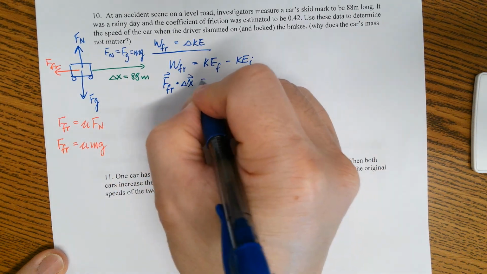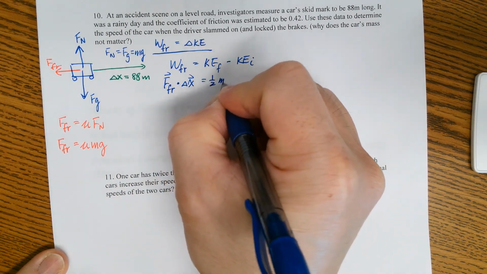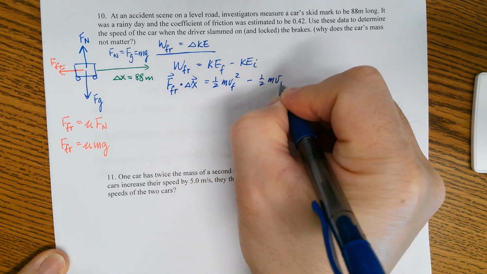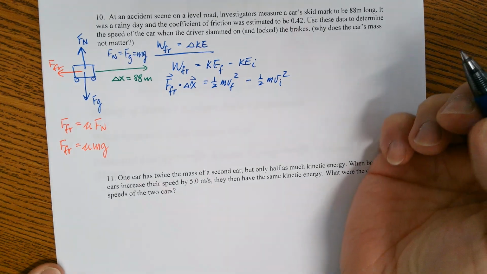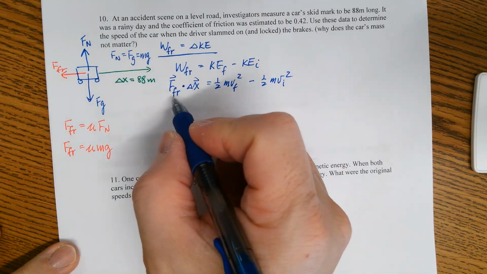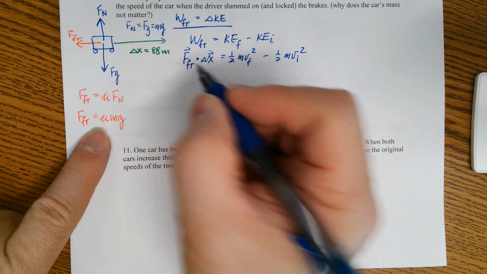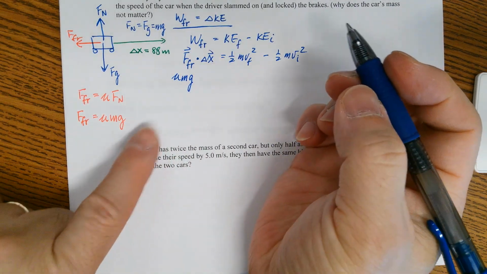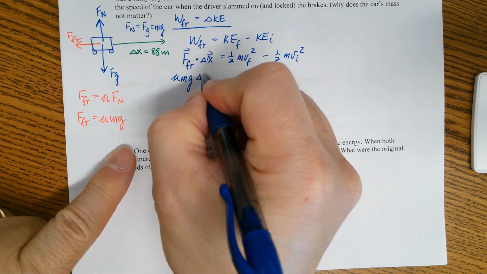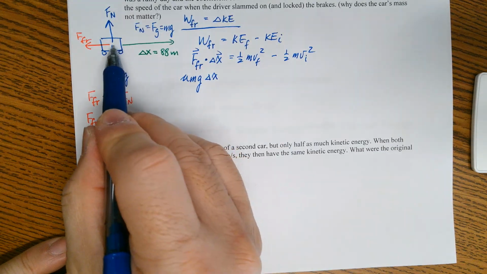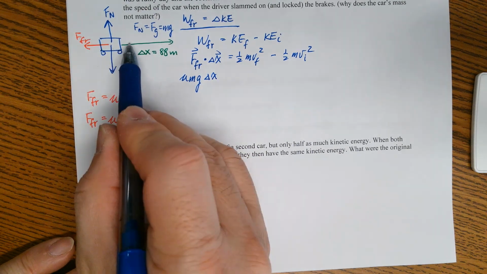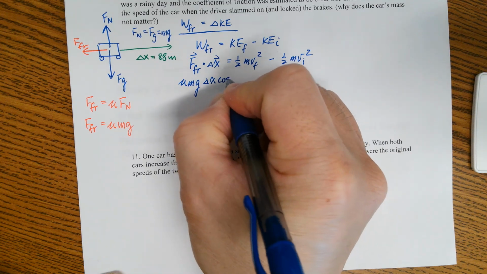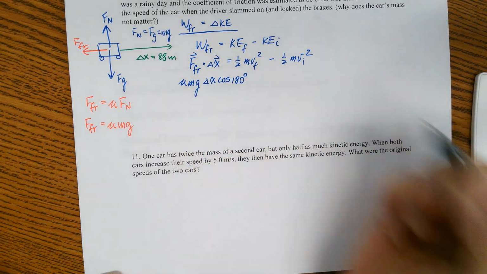And that is equal to 1/2 m v final squared minus 1/2 m v initial squared. And we also agreed that friction is equal to mu times mg times delta x. And since the angle between the delta x and friction is opposite directions, they are 180 degrees from one another. So you have to multiply that by cosine of 180.